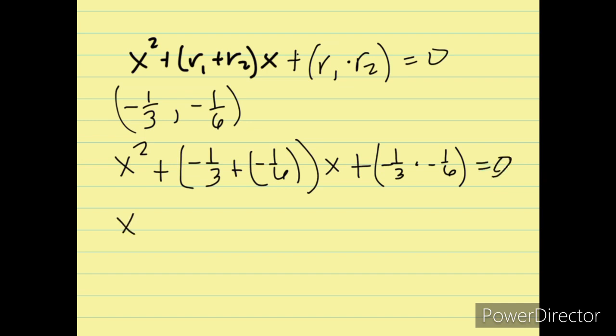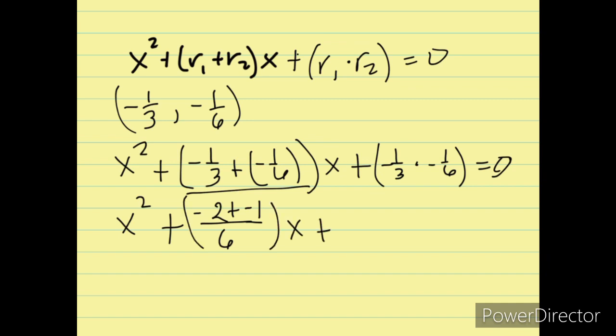Then, copy the quadratic term plus simplify this one, get the LCD. LCD is 6. Since it is both negative, 6 divided by 3 is 2 times 1, negative 2 plus negative 1. x plus the product of negative 1/3 times negative 1/6 is positive 1 over 18 equals 0.